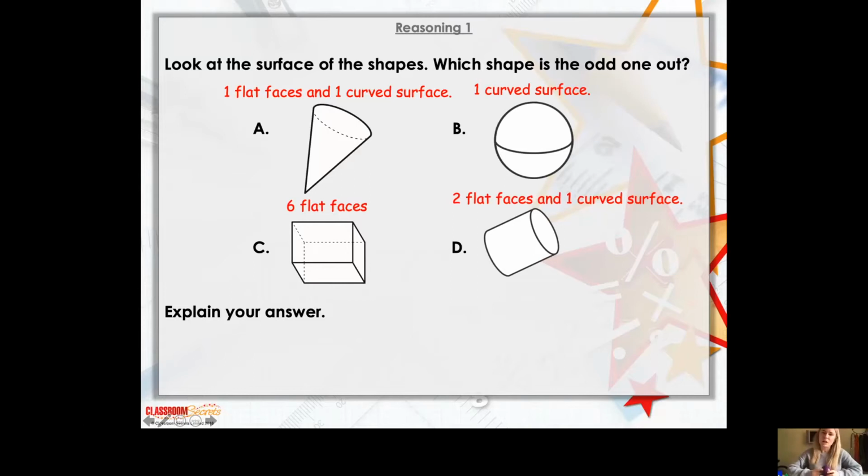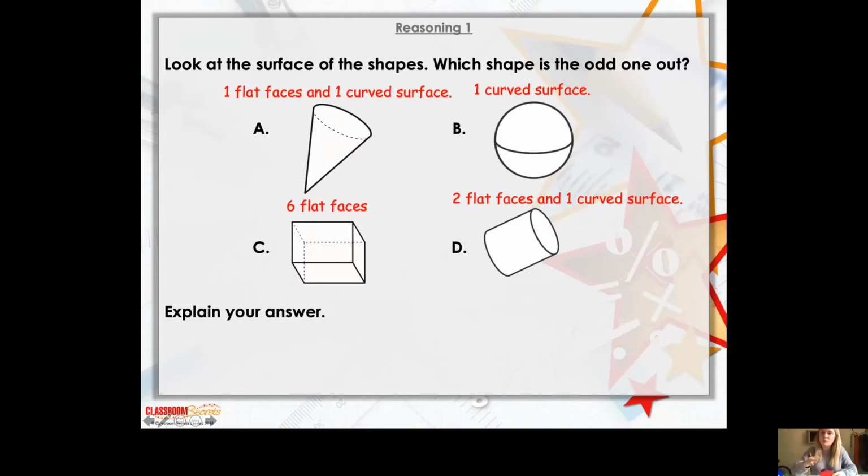Now, what other shape could I have chosen for the odd one out? Well, I could have chosen the cuboid. Now, why could I have chosen the cuboid? Could you pause the video and have a think? Okay, so why could I have chosen the cuboid? Well, the cuboid only has flat faces, doesn't it? Are there any other shapes here that only have flat faces? Well, no, there isn't.